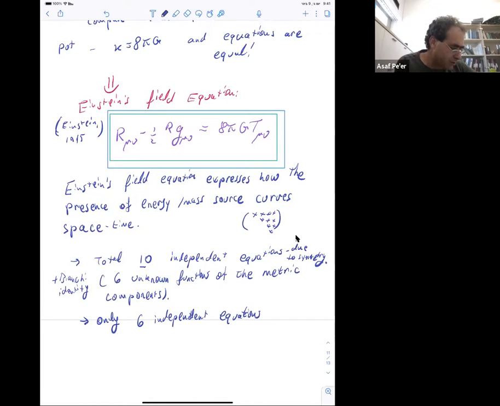Okay, we said these are extremely complicated, involving derivatives and products of the Christoffels. I don't think I forgot anything.